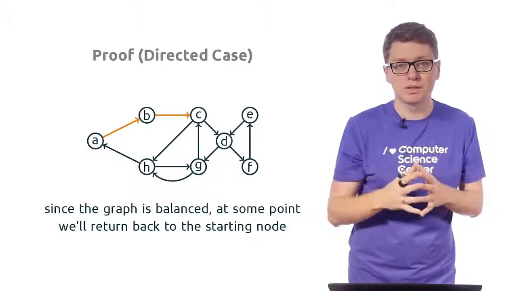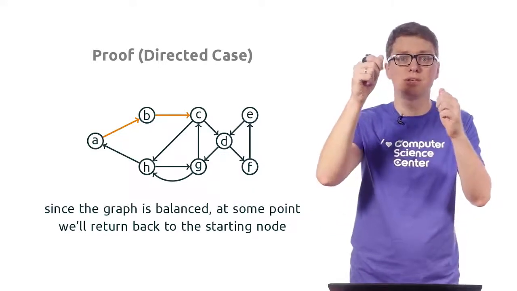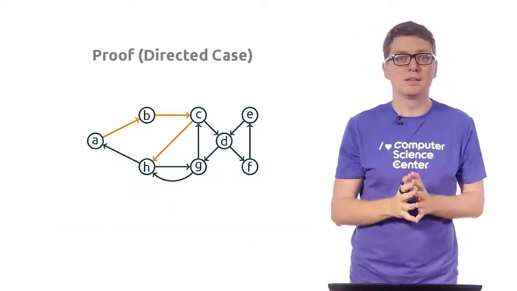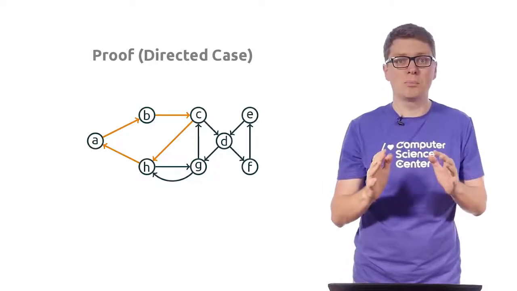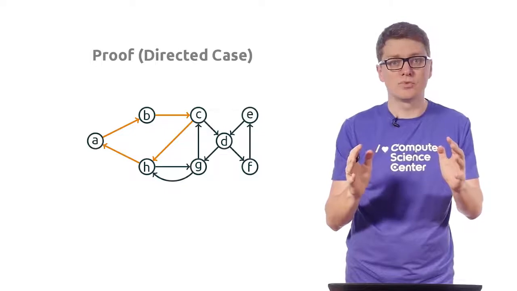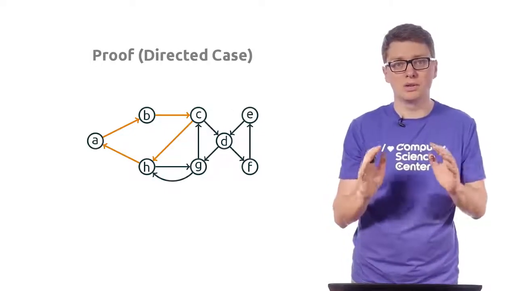This is just because the number of incoming edges to any node is equal to the number of outgoing edges. So what will happen during this walk is that at some point we will get out of edges, right? At this point we return back to A, and there are no untraversed edges.